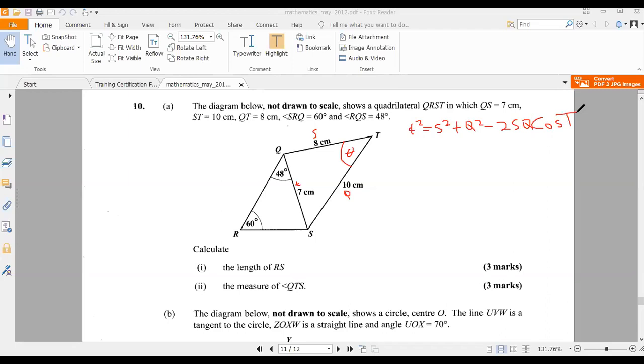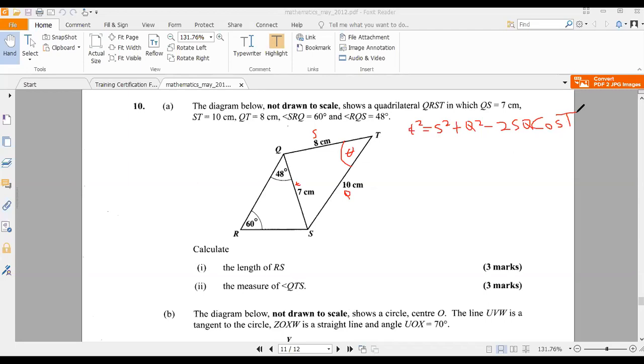Any question? Remember the cosine rule formula they will give you: a square is equal to b square plus c square minus 2ab cos of angle A. But you have to tweak it to whatever letters they give you.